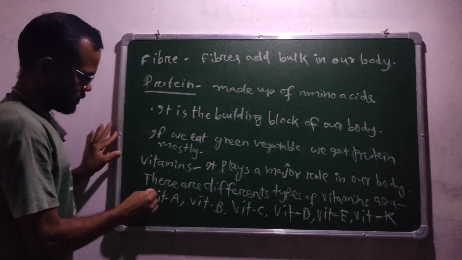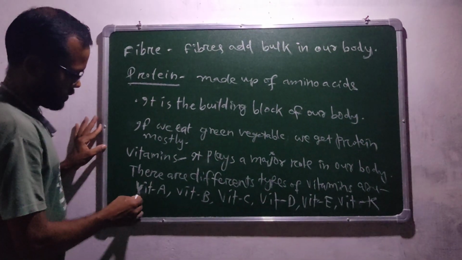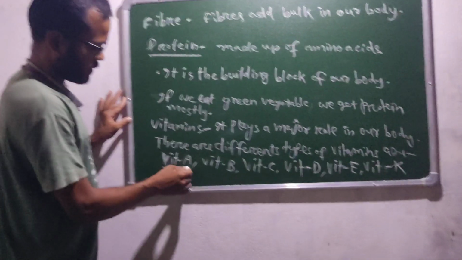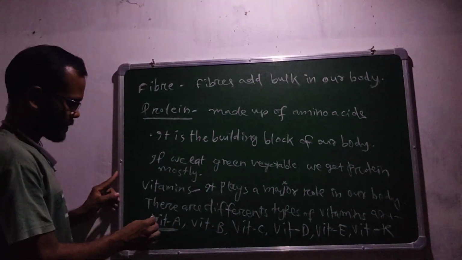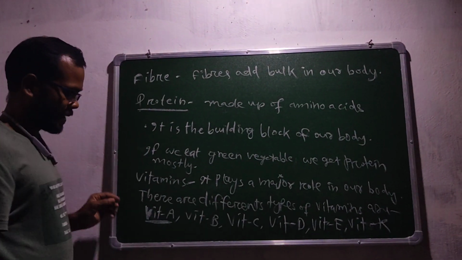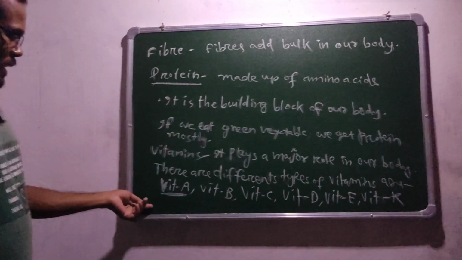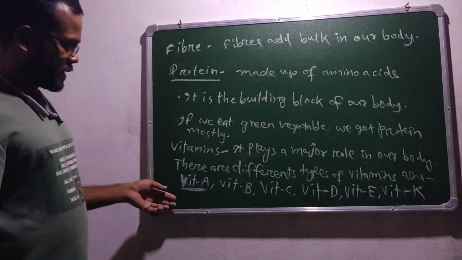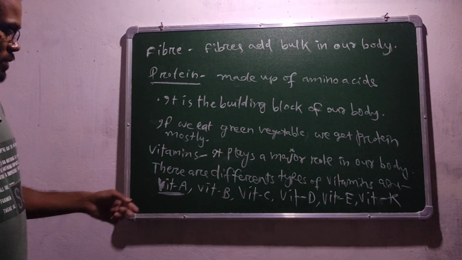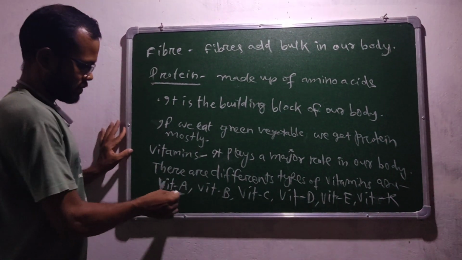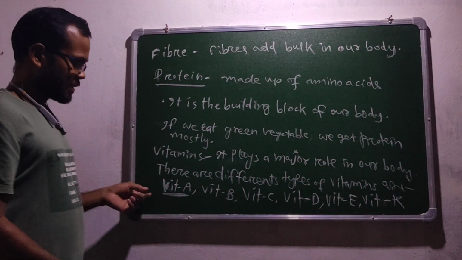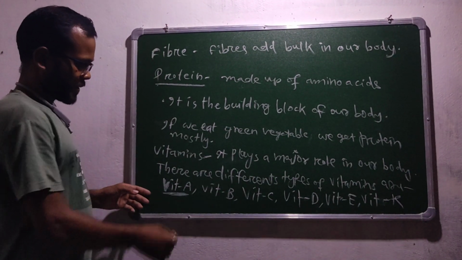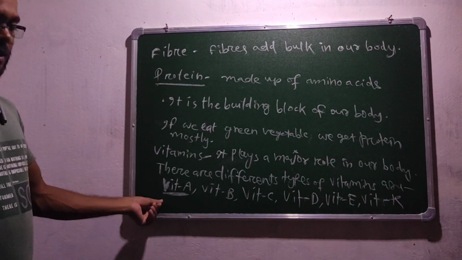From which food do we get vitamin A? Vitamin A containing foods are carrot, potato, tomato. If we eat this food, then we get vitamin A. And what disease occurs if there is a lack of vitamin A?